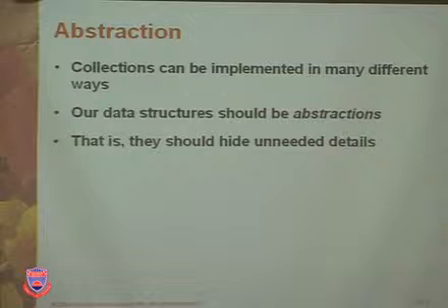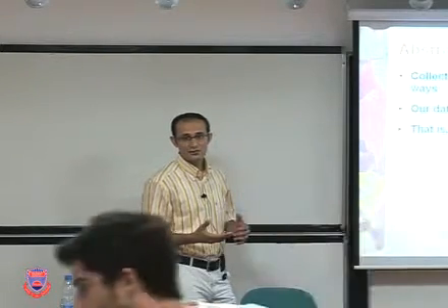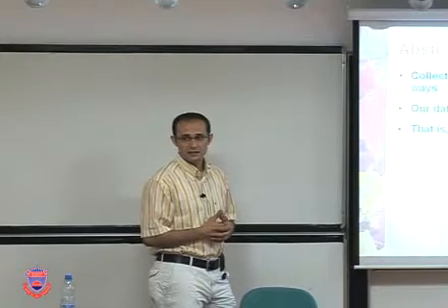What we mean by abstraction is that you do not reveal the details. The user does not deal with the details of the implementation, but rather what the user cares about is how it is used and what he or she can do with this collection. So abstraction at the end gives you that opportunity so that you don't deal with the details. You say, hey, I'd like to add this, you add it. I'd like to remove this, you remove it.